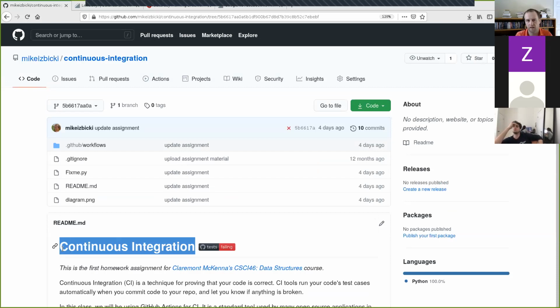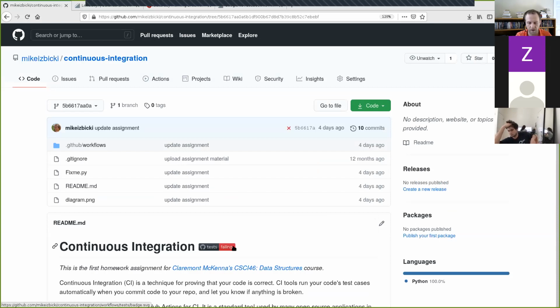This is a technique that we use to prove that our programs are correct by running tests on them, and GitHub will automatically run these tests for you and tell you whether your code is correct or not. There's this little red button right here that currently is red because the code's not correct, and when you fix it, it'll turn green. When I'm grading, I'll see a green button here and just know to instantly give you full credit. But we'll talk about the details of how that works on Wednesday.